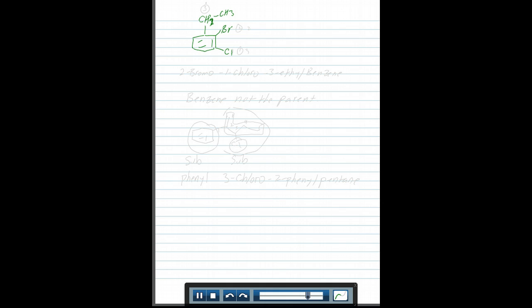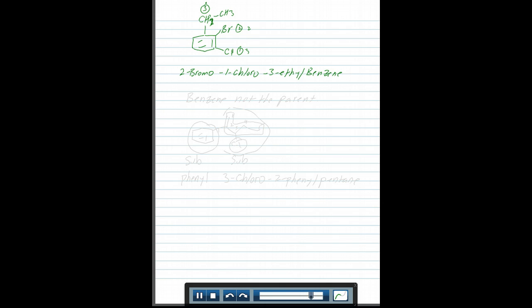It's basically going to be 1, 2, 3. Which direction? Either way, you get the same numbers. However, if you have a tie, you always go alphabetically first. Since chloro, C, comes before E in ethyl, this is the way I'm going to number it, 1, 2, 3. So the name of this would be 2-bromo-1-chloro-3-ethylbenzene.